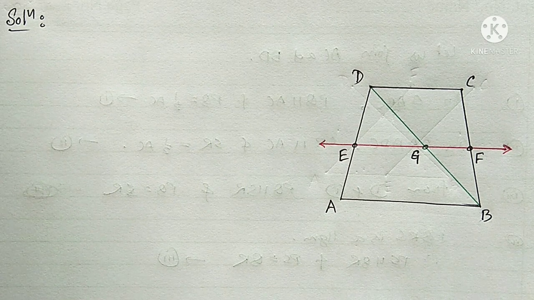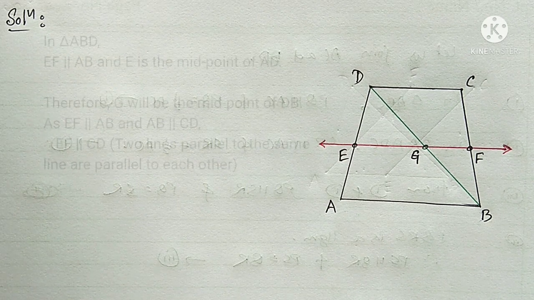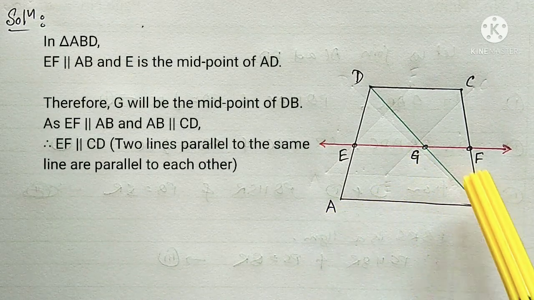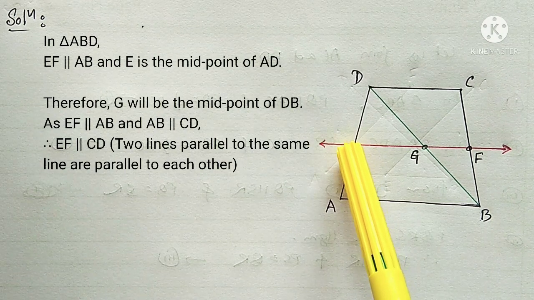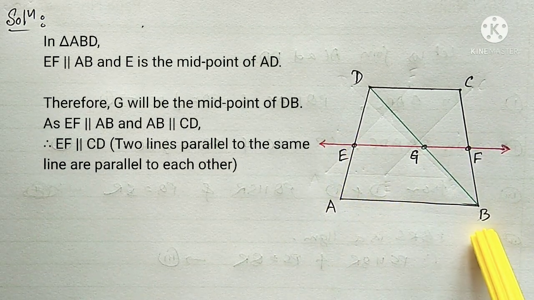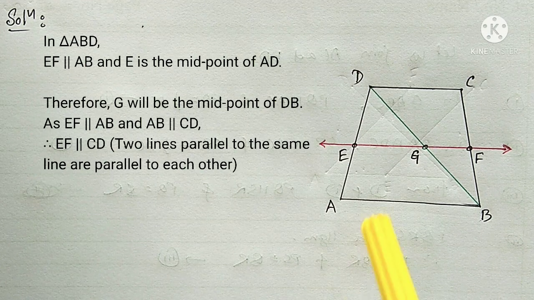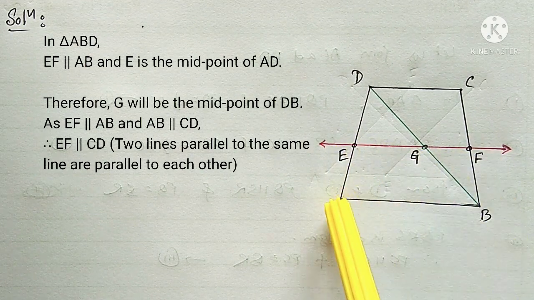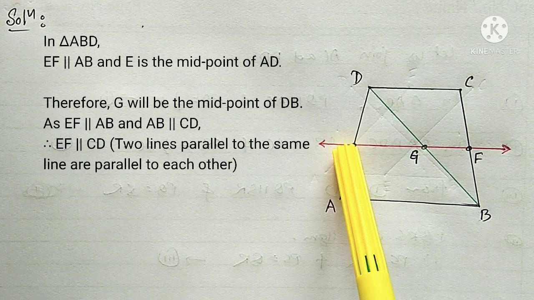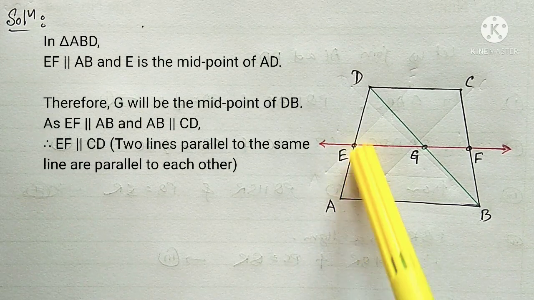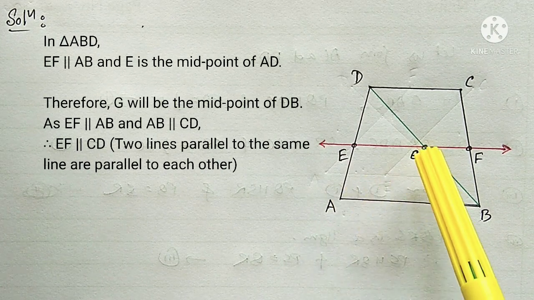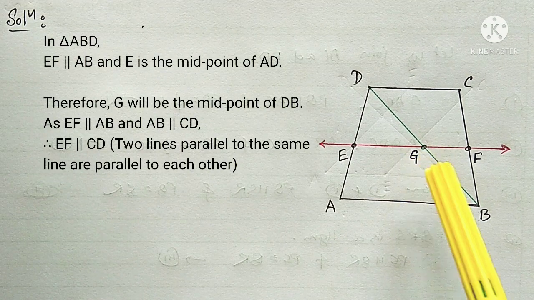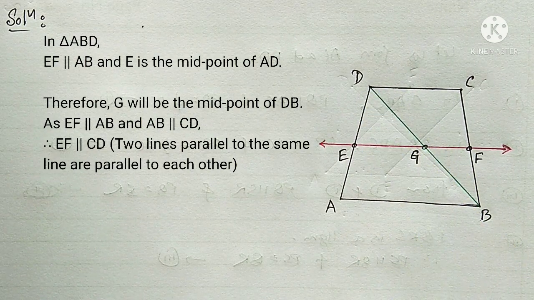So that's why, if you see, it is written: in triangle ABD, one thing we know, EF is parallel to AB, already given. So if EF is parallel to AB and E is the midpoint of AD, then automatically by the converse of the midpoint theorem, G is the midpoint of BD. Isn't it?